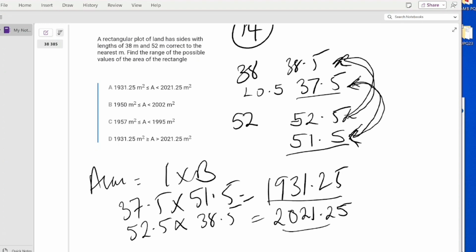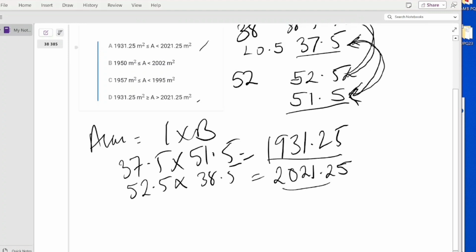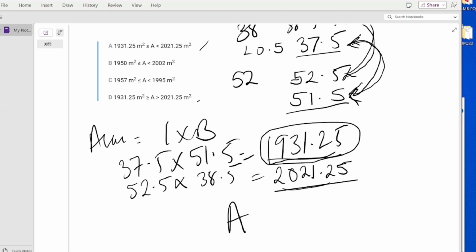Now let's see if we have these two in our options. We have them somewhere here with D and A, but how do we write it out to know which of the answers is correct? Note that our area A is greater than or equal to the lower value, and less than the bigger value.